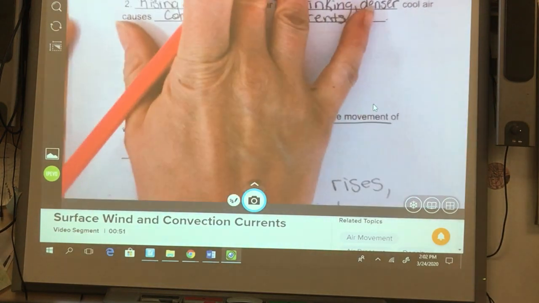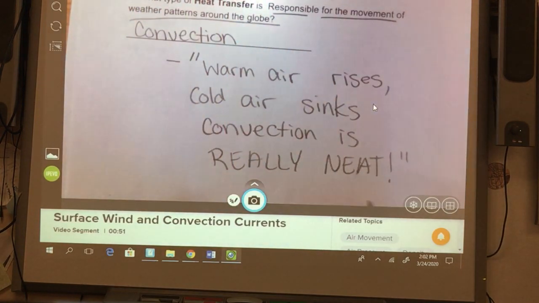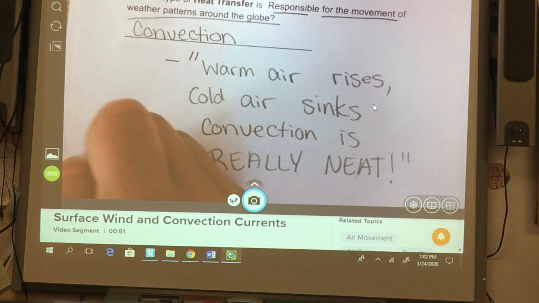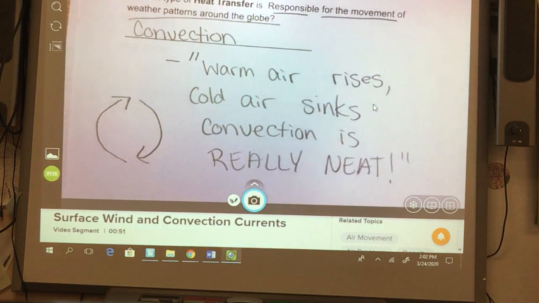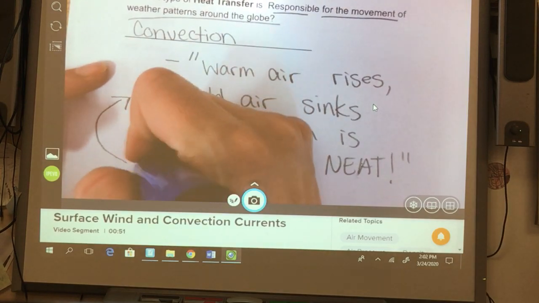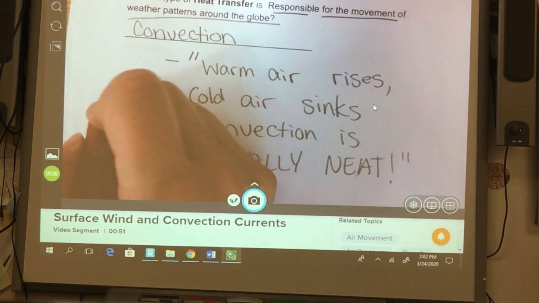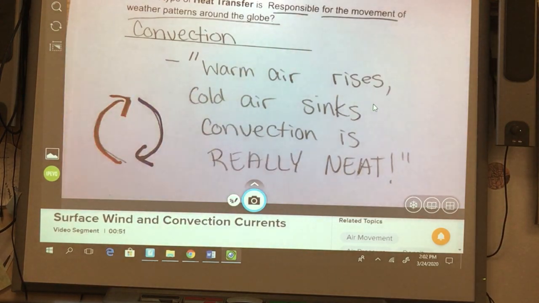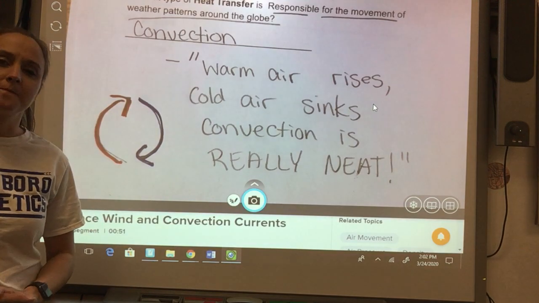You can go ahead and add that to your page. If you have crayons or markers or colored pencils at home, you can add color to your questions as well. Warm air rises, cold air sinks, convection is really neat.